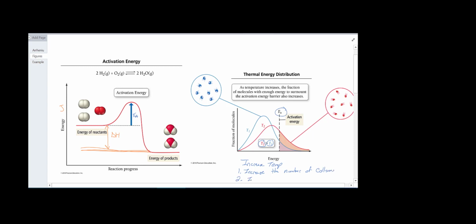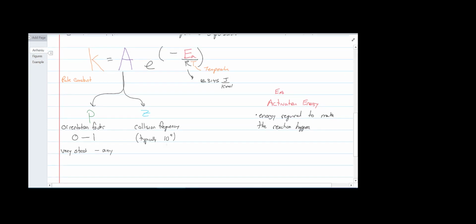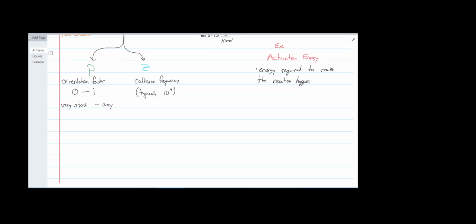Two, we increase the energy in the collisions, which of course, number two is much more important. Because the collisions are good, but having enough energy in the collisions to transfer energy and react, that's better. Right? That is better.